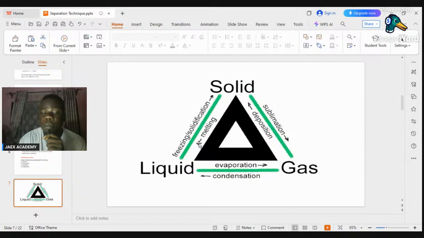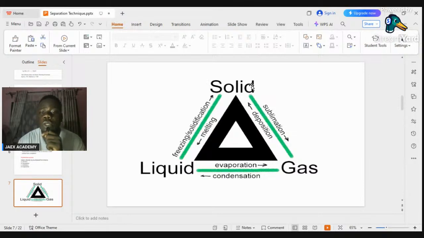When liquid is changing to gas, it is known as evaporation. You can see the arrow, evaporation. And when gas is changing into liquid, it is known as condensation.